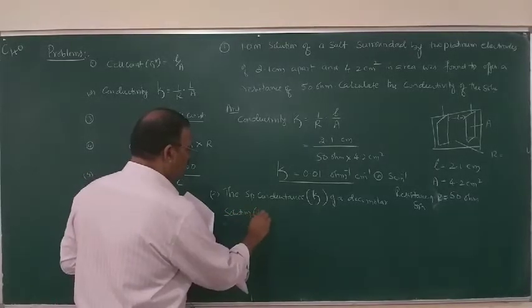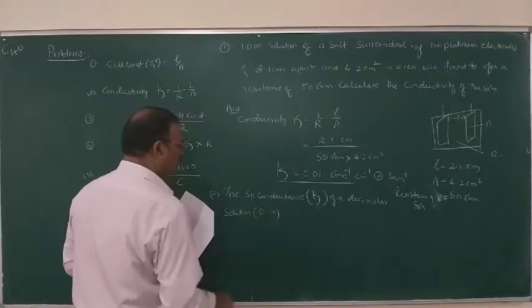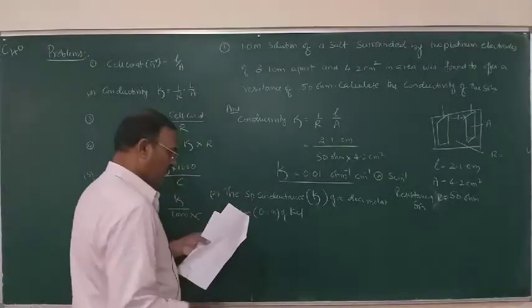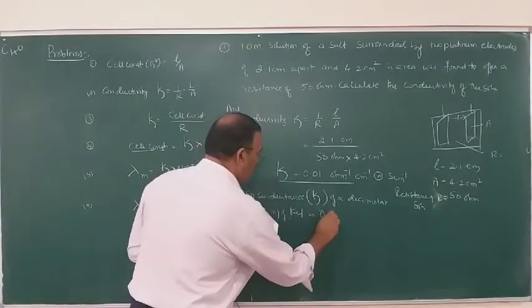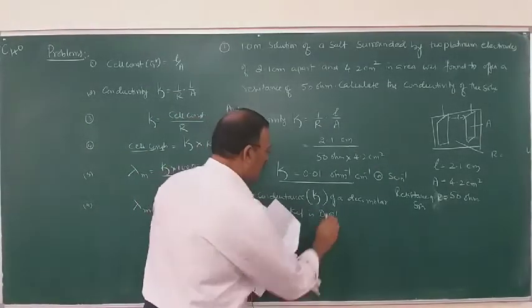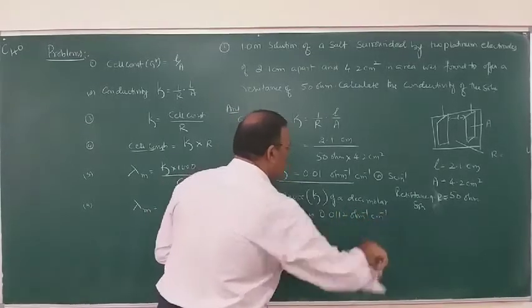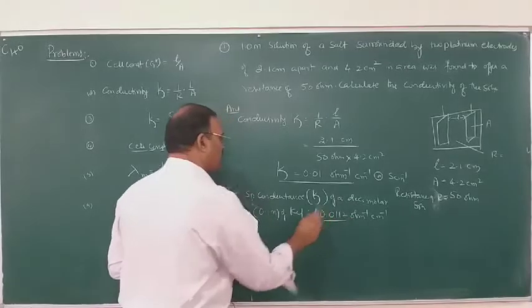Decimolar solution means 0.1 molar. The conductivity of a decimolar solution of KCl is 0.0112 ohm minus 1 centimeter minus 1. So, kappa is given.